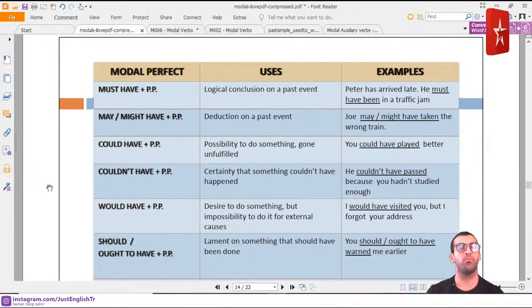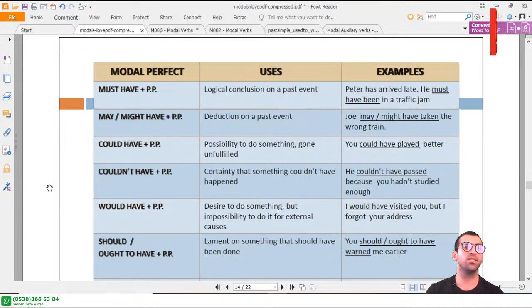Okay, like Liverpool won the game. So we can say if Manchester City played worse than normal, we say they could have played better. Daha iyi oynayabilirlerdi. It's a kind of possibility to do something in the past, but they couldn't, unfortunately.